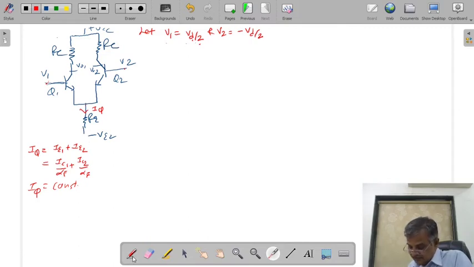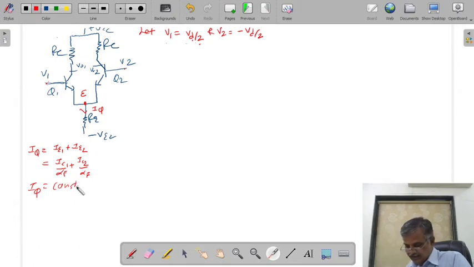As a result, the potential at this point does not change. Listen again. This current increases, this current decreases by the same amount. So IQ is a sum of these two currents. IC1 increases, IC2 decreases, so IQ remains constant.